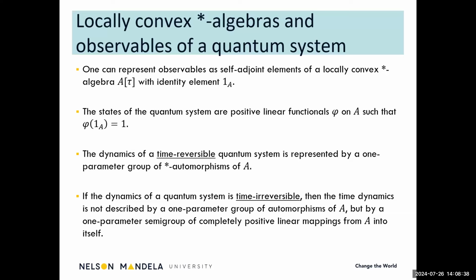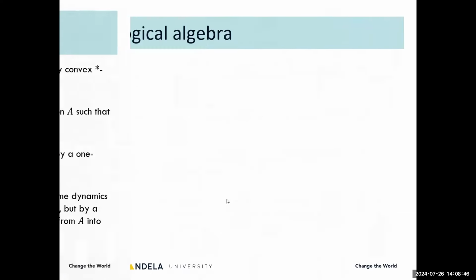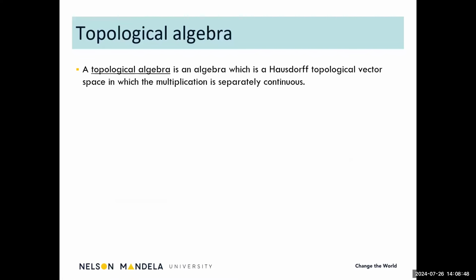They cannot be elements of a C-star algebra, so we need the locally convex structure for that. To introduce that, I first have to say what a topological algebra is. That's an algebra which is a Hausdorff topological vector space in which multiplication is separately continuous.